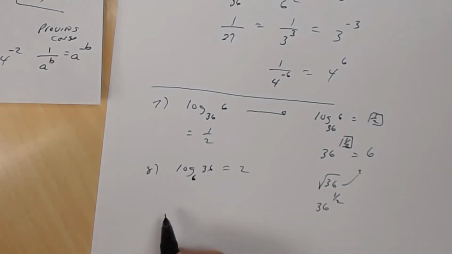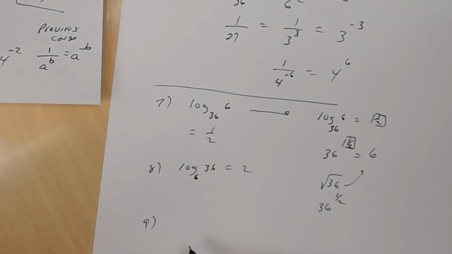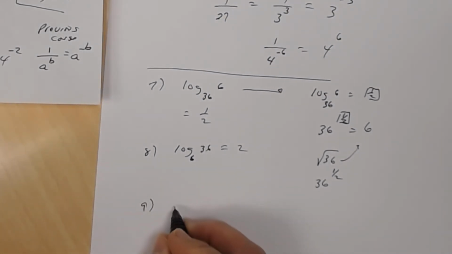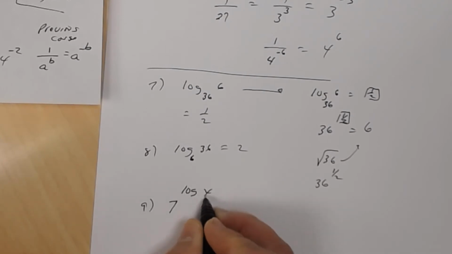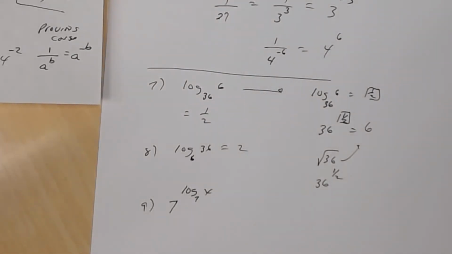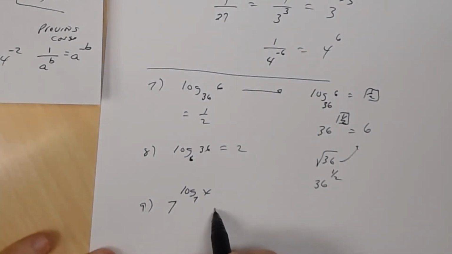All right, number 9. Suppose we had this in number 9: 7 raised to the log of x base 7. Huh. Now, that's like, what did you just write? All right, well, that's doable. We can handle that. So I'm going to rewrite this.